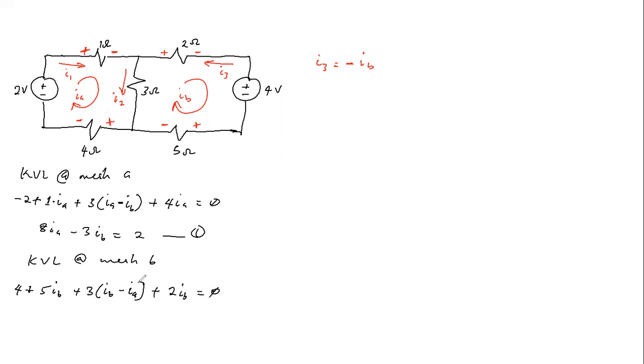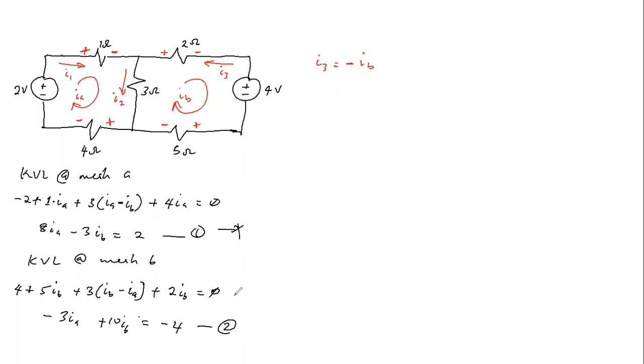It's the same as 0. This will give us minus 3 IA plus 10 IB is the same as negative 4. So this is our second equation.